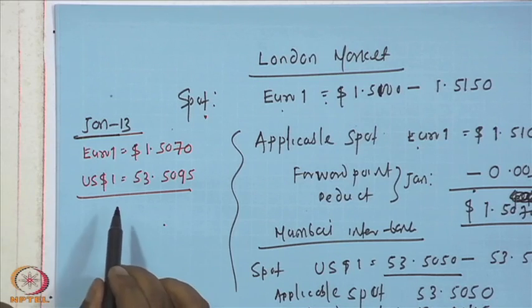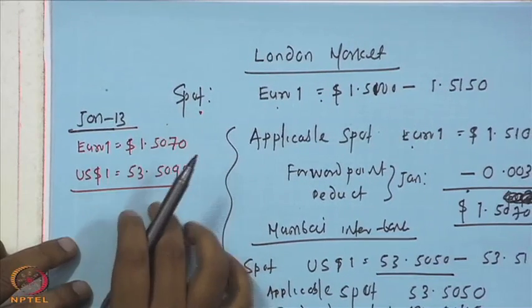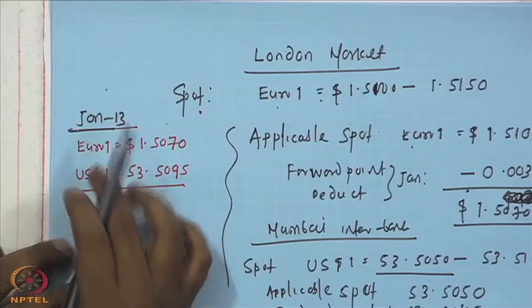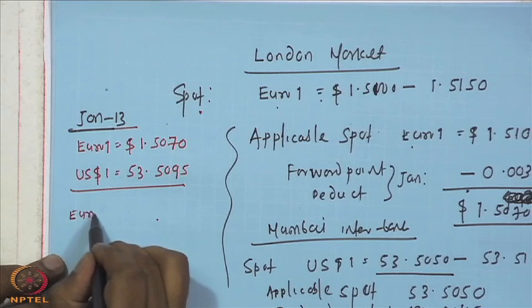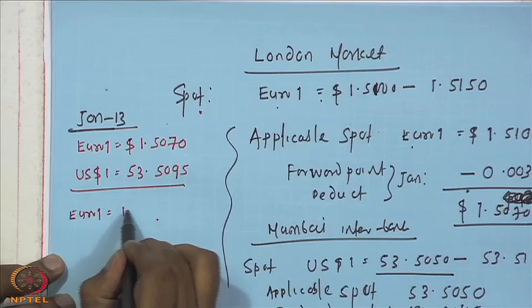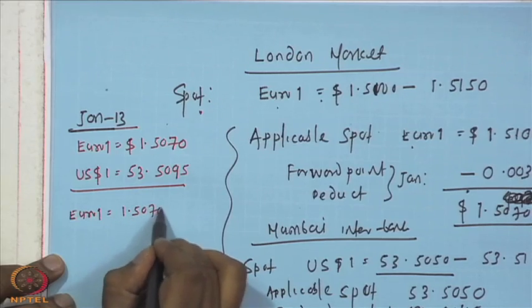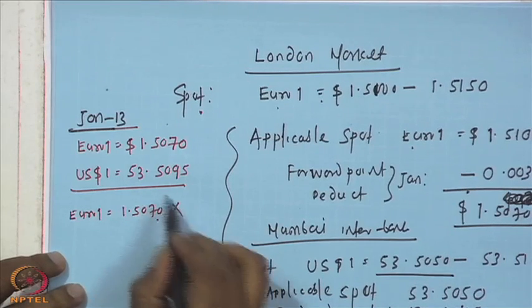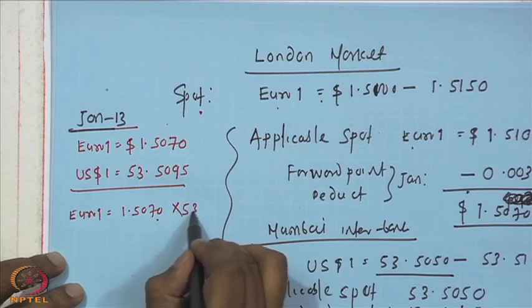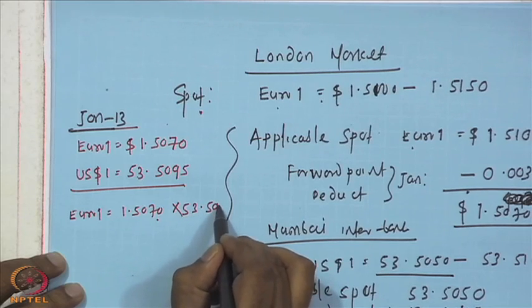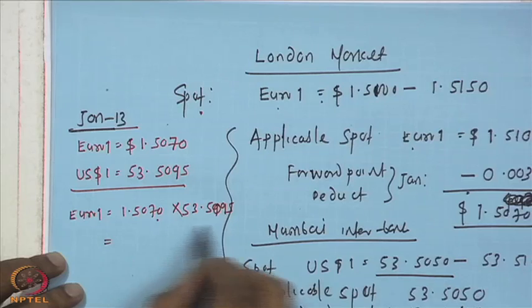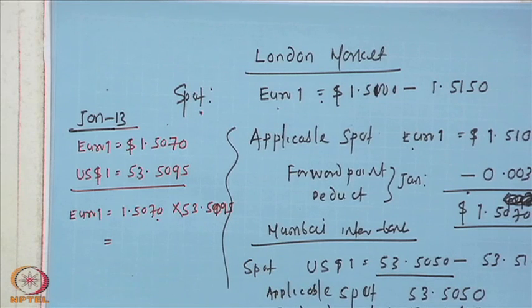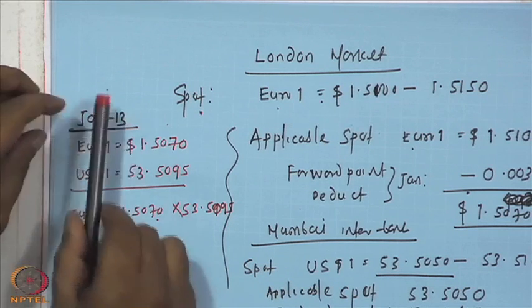Now, I have to convert euro into Indian rupee. So, now 1 euro is 1.5070 dollar, 1 dollar is 53.5095. So, if you multiply these two, we will get how many rupees 1 euro will be.